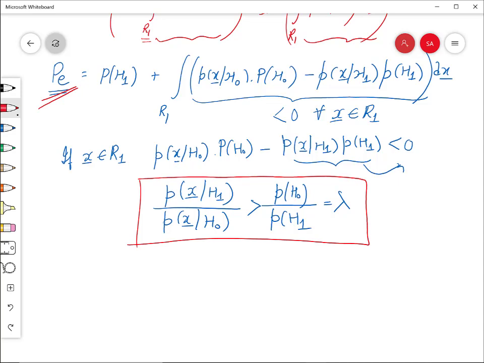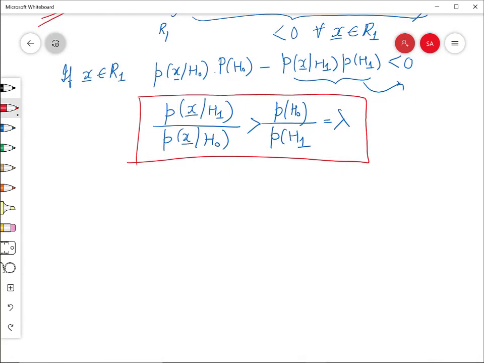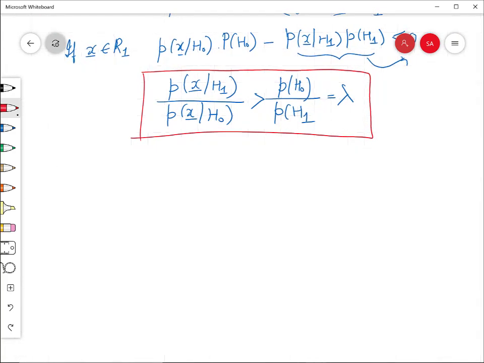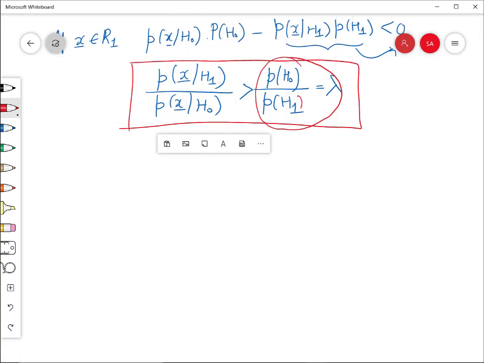Okay, and you can see that this is a very similar kind of expression we got from the Neyman-Pearson equation also, but in this case we know this lambda is equal to the ratio of the prior probabilities. All right, so this is a very simple case of when we are trying to minimize this probability of error. Then we get this expression, and let me simplify it further.